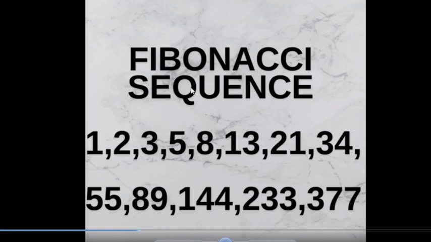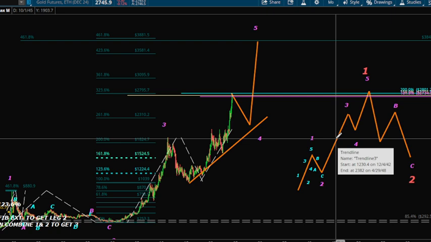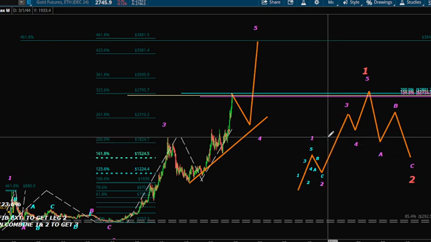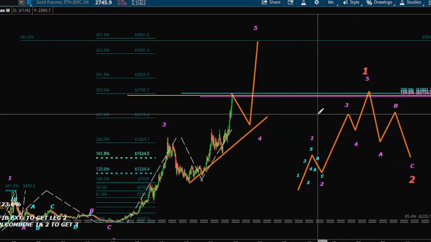He was a mathematician, and Ralph Nelson Elliott uses the Fibonacci sequence to figure out where waves are going to go and how far they're going to retrace. So he incorporates that into the Elliott wave theory.